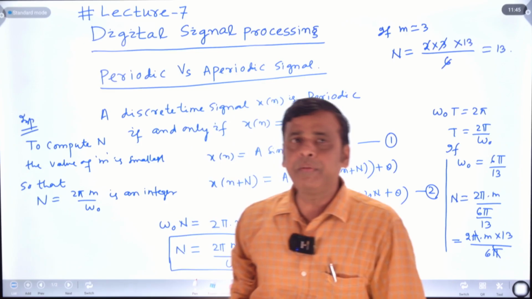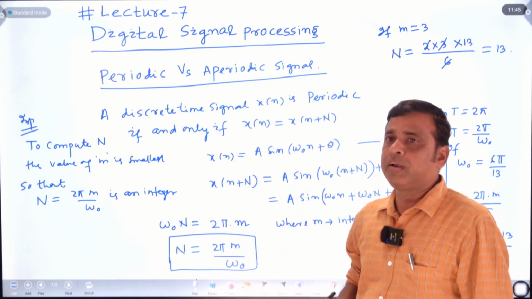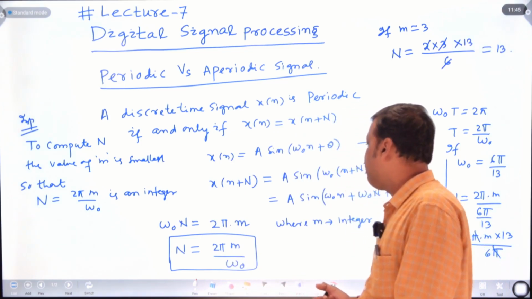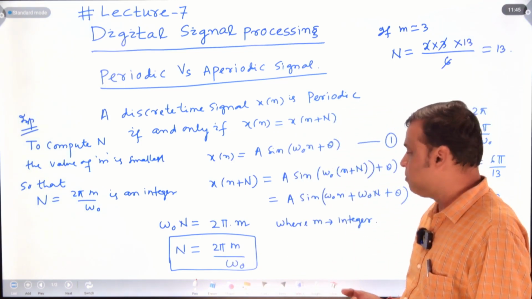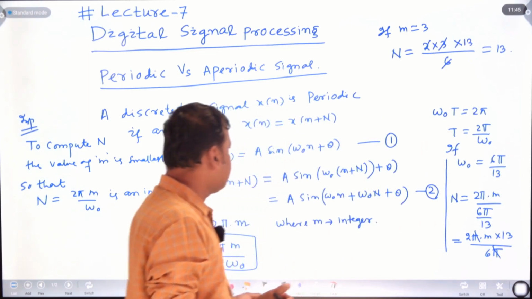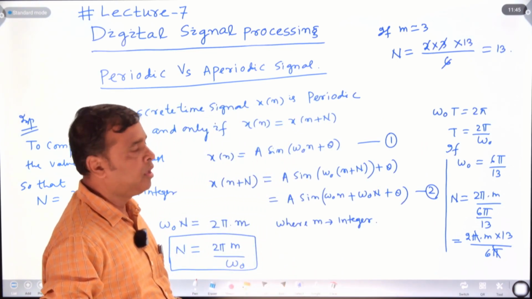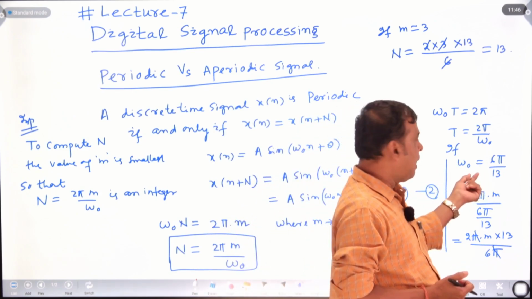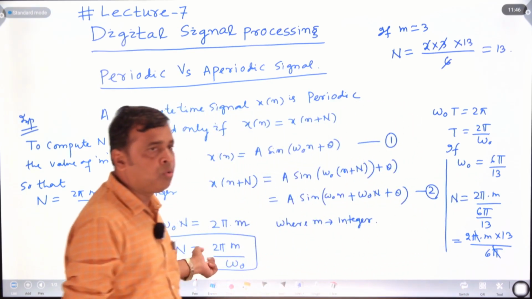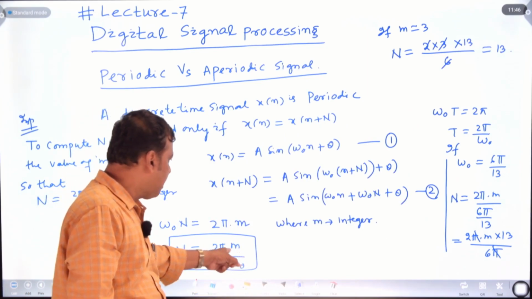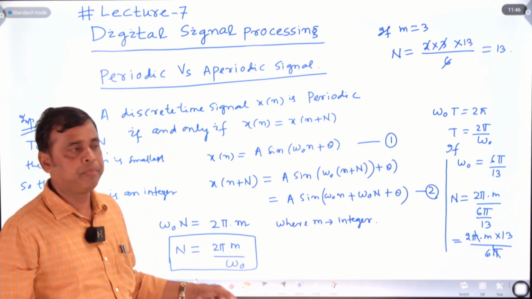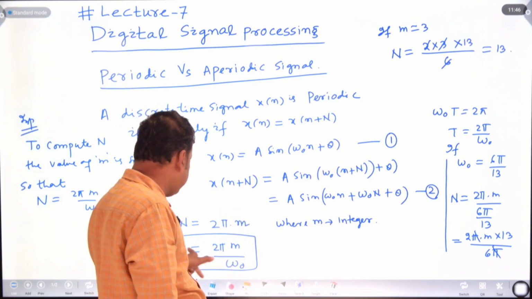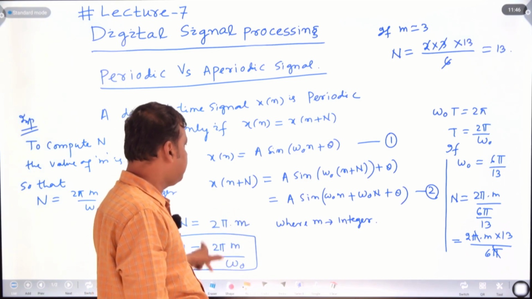It is very important when you are going to evaluate the fundamental period or common period of discrete time signals. First of all, how to calculate capital N. If you know the fundamental frequency omega 0 value, to compute N equal to 2 pi into m by omega naught, you have to choose the minimum value of m for which N equal to 2 pi into m by omega naught is an integer.